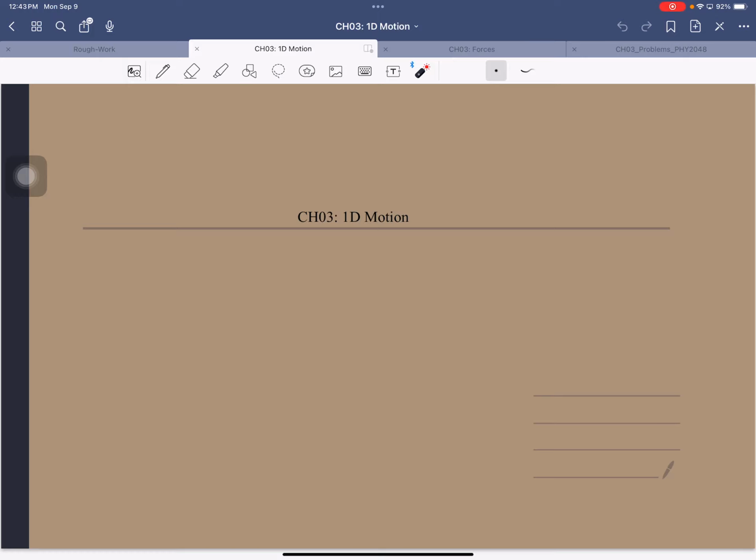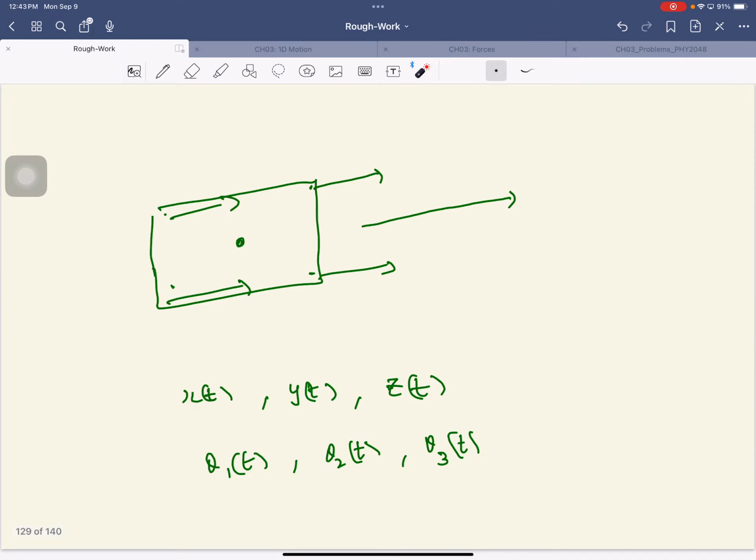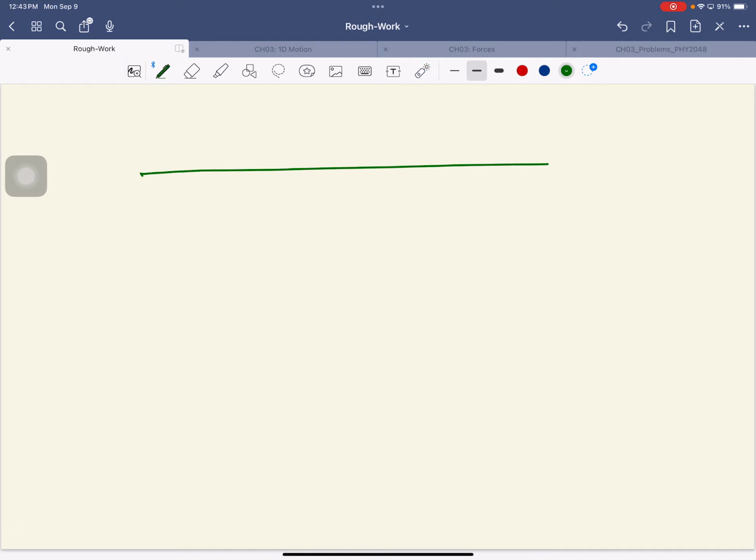Another thing you have to keep in mind: we'll start off with dealing with 1D motion. Vectors are quantities that have magnitude and direction. In 3 dimensions, how many numbers do you need for vectors? 3. 1 for magnitude and 2 for direction. In 2 dimensions, how many numbers do you need to specify vectors? 2.